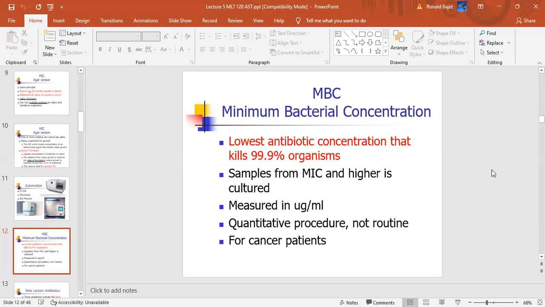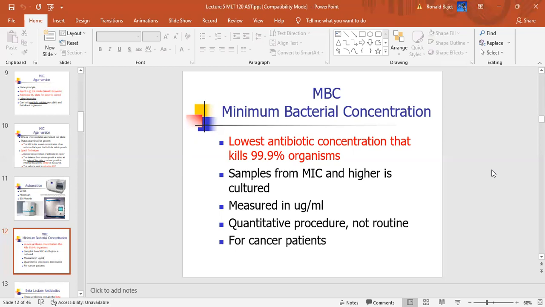So for MBC, which is minimal bactericidal concentration, since this is your MIC, what you do is you take this tube, and you can go as far as here.